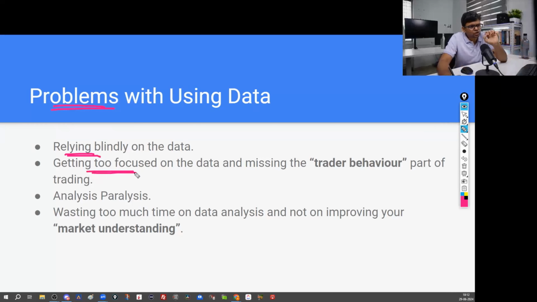Some people get too focused on the data and miss the point of trading, that is to understand and learn trader behavior. You need to understand how a trader behaves. You need to understand what different types of traders there are, what different phases they interact with the market, what mistakes they make, what retail traders do, what professional traders do.